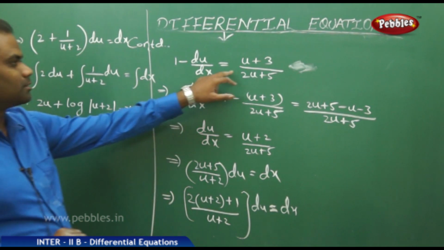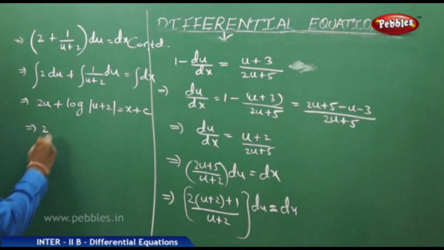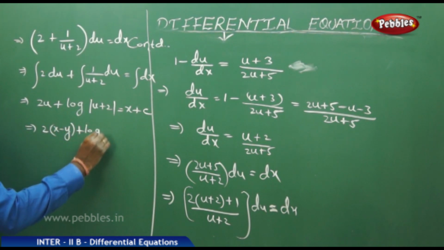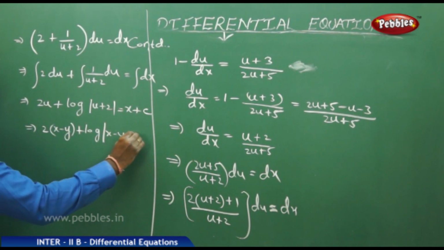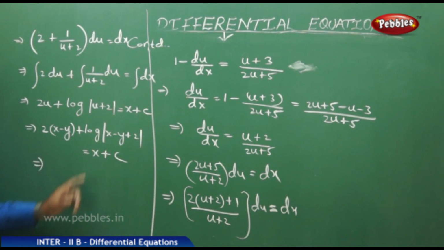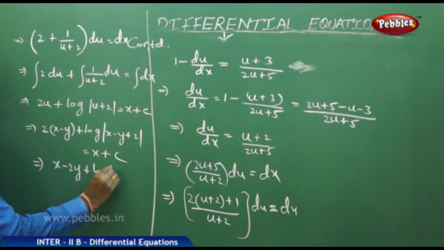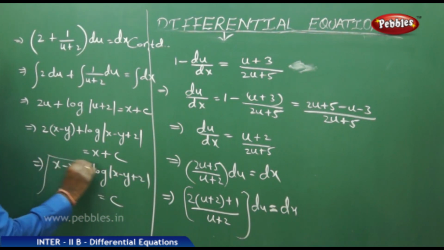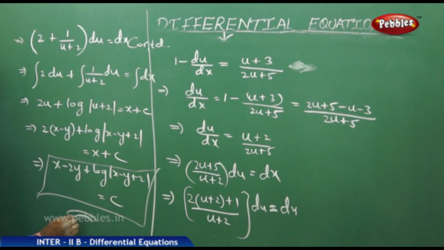U is nothing but x minus y. This x, when brought here, comes as 2x minus x, which is minus 2y, plus log mod x minus y plus 2 equals c when substituted with u.